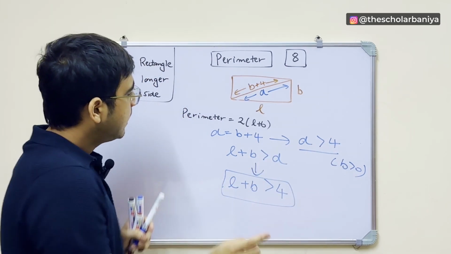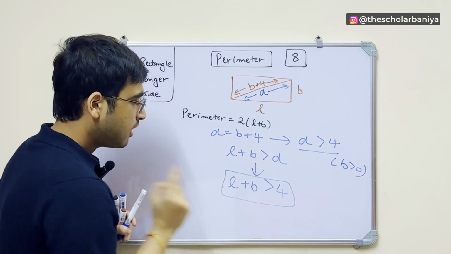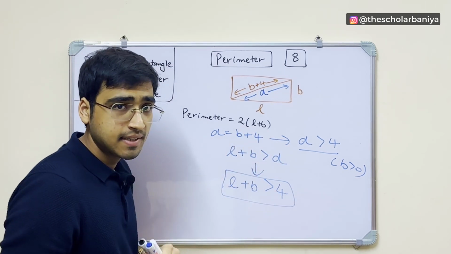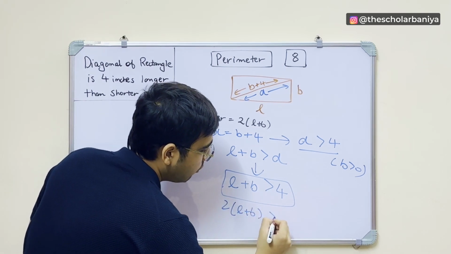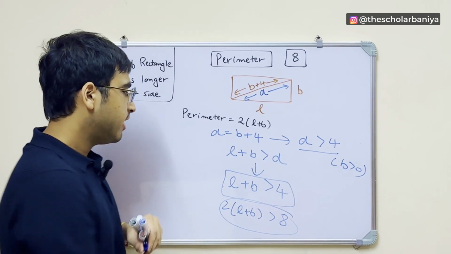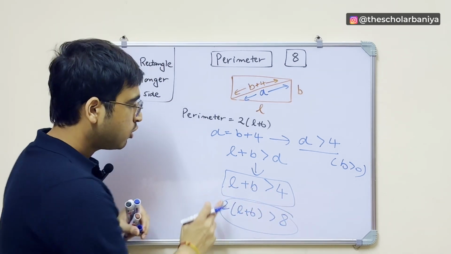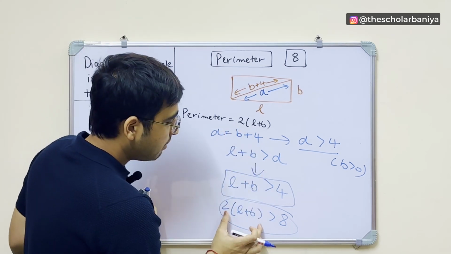Perfect. Now we had to find the perimeter, which is twice of L plus B. Now tell me, if L plus B is greater than 4, so 2 times L plus B will be what? 2 into 4, which is 8. If L plus B is greater than 4, then twice of L plus B will be greater than 8. And what is twice of L plus B?